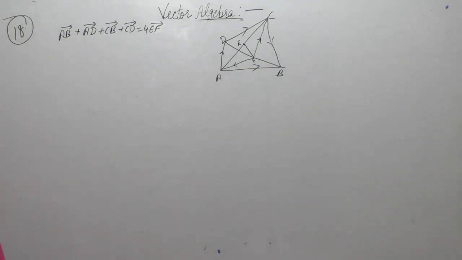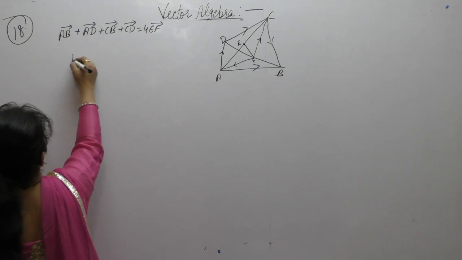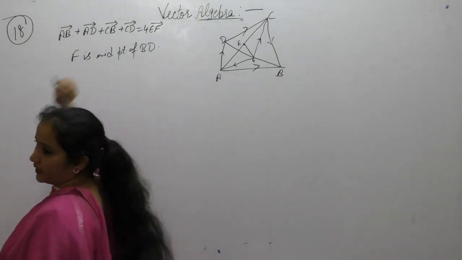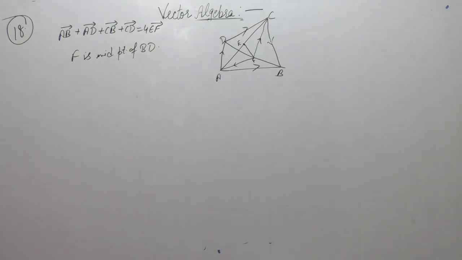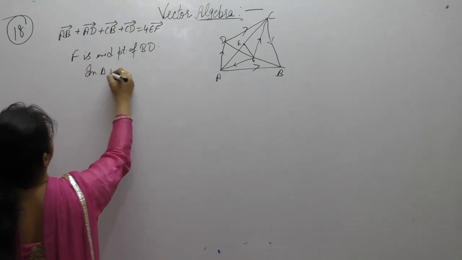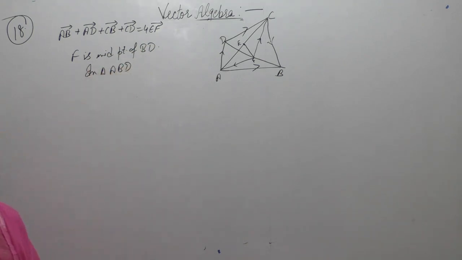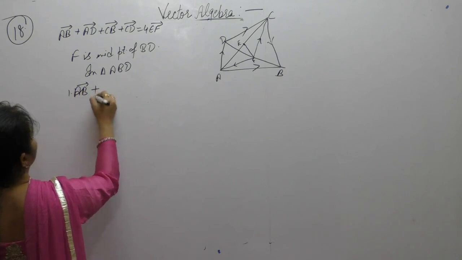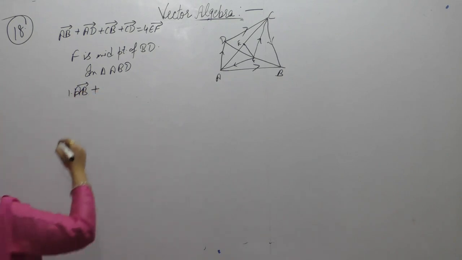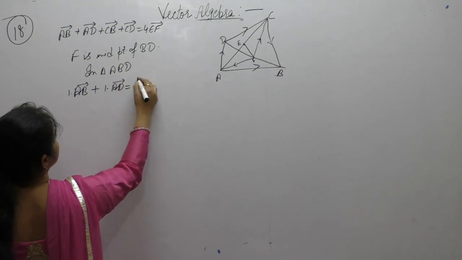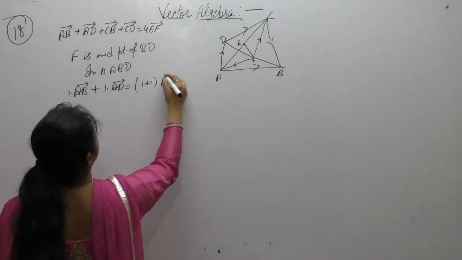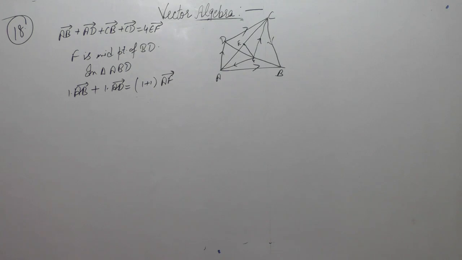Now it is given that ABCD is a quadrilateral, F is the midpoint of BD, therefore in triangle ABD, AB vector plus 1 into AD vector is equals to AF vector.